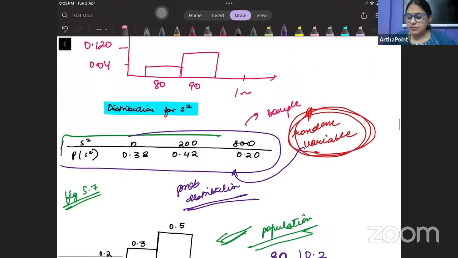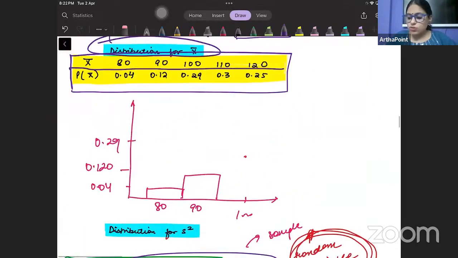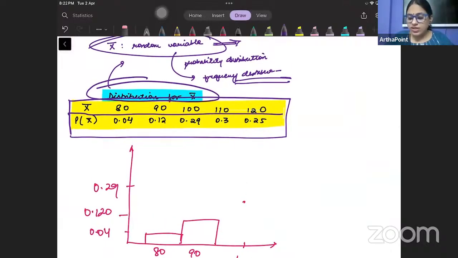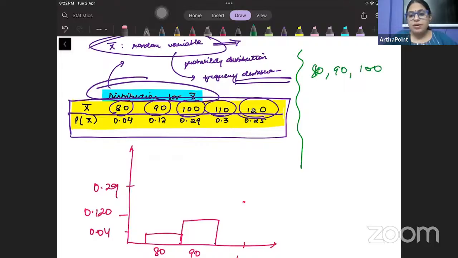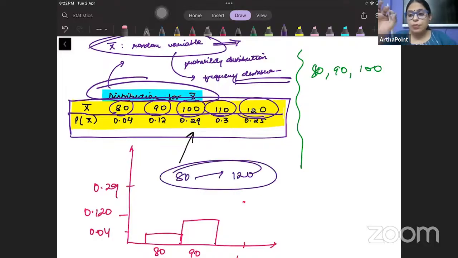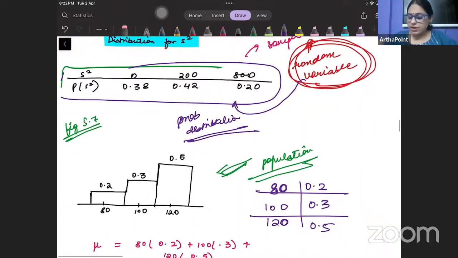But the sample के mean, if you notice, it varies more. तो जब हमने sample में देखा, तो we found that the mean can be 80, it can be 90, 100, 110 or 120. So what we note in the sample is that although the population could only take the values 80, 100 or 120, in the sample the mean can be anything from 80 to 120. This is an important point to make a note of, right?